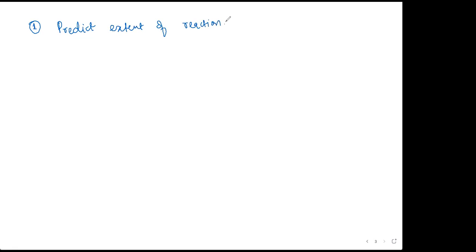Visually, you can't really figure it out. You have to keep checking the concentrations at different points, and color also is not a very reliable factor. But we know that Kc or Kp are equilibrium constants, and at any given temperature for a reaction, this is always a constant value.